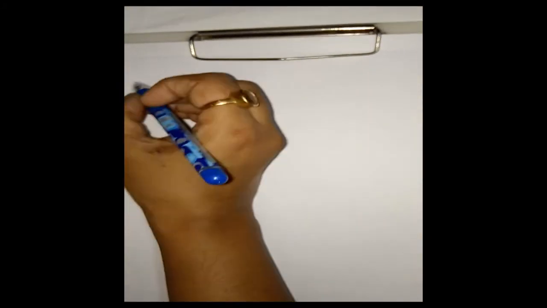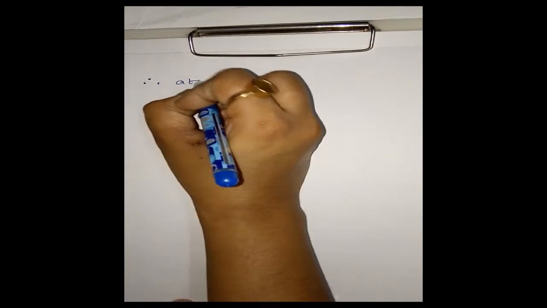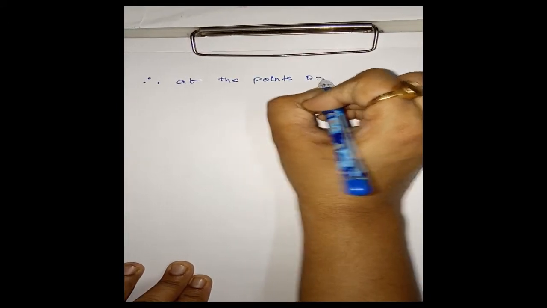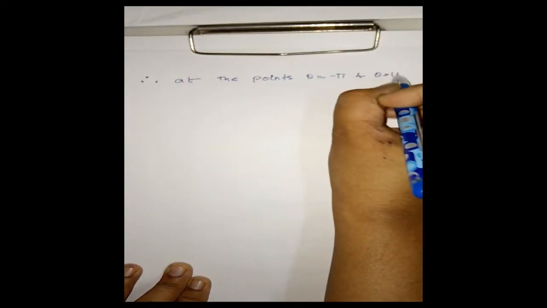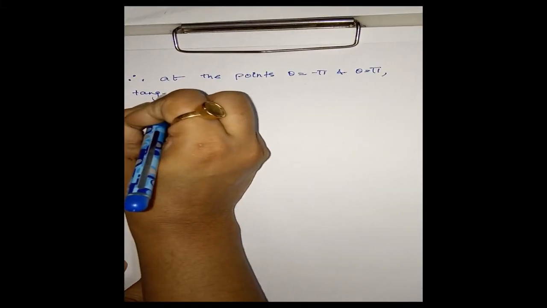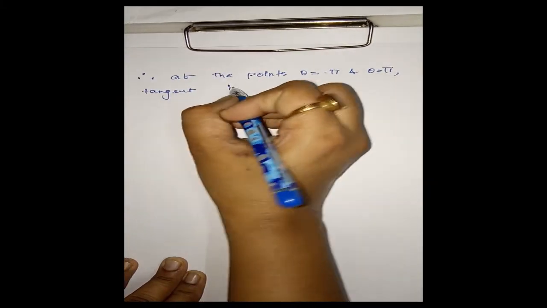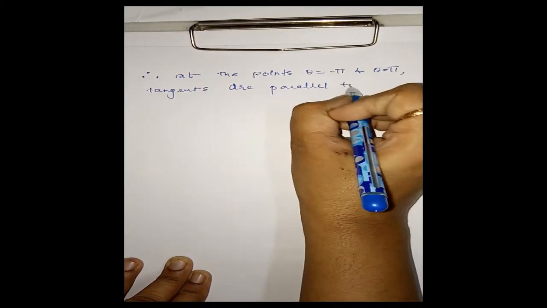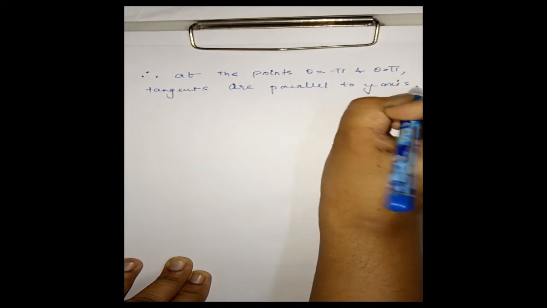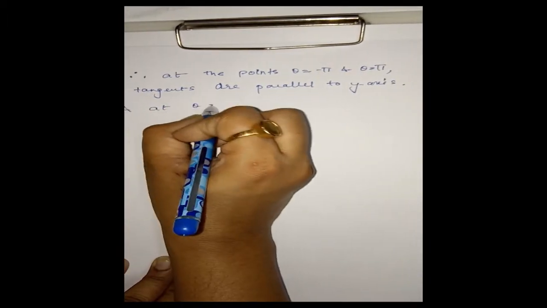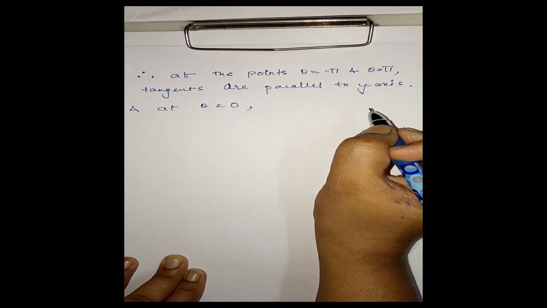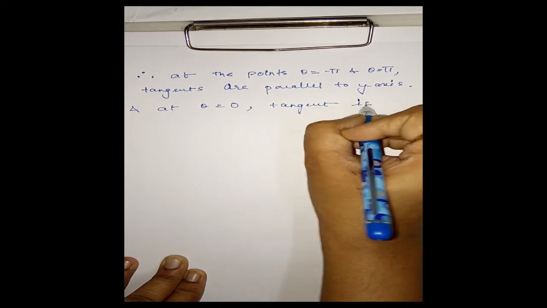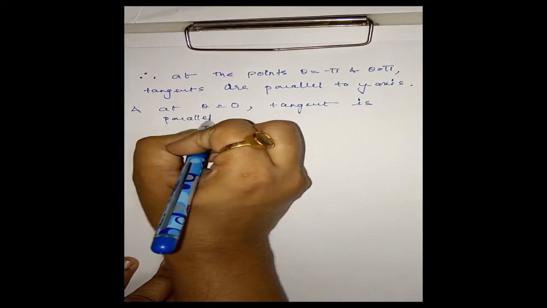Therefore, at the points theta is equal to minus pi and theta is equal to plus pi, tangents are parallel to y-axis, and at theta is equal to 0, when dy by dx is 0, tangent is parallel to x-axis.